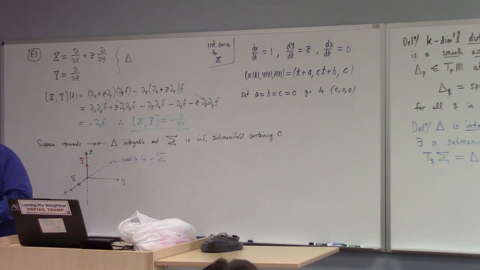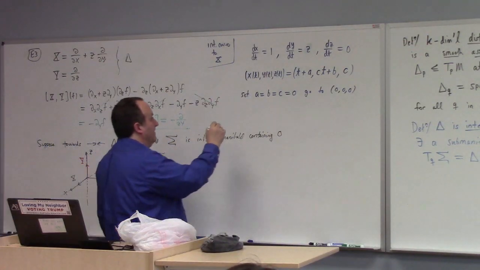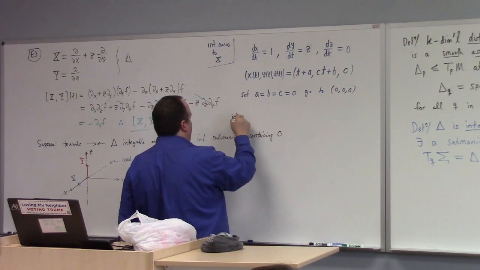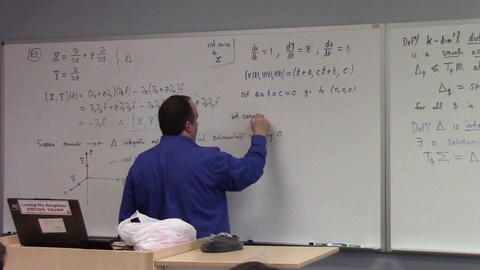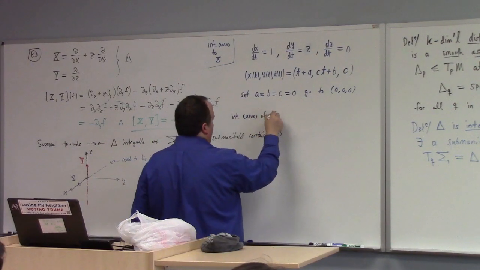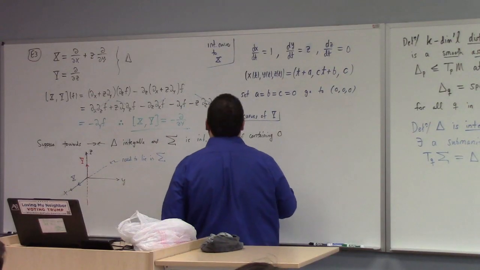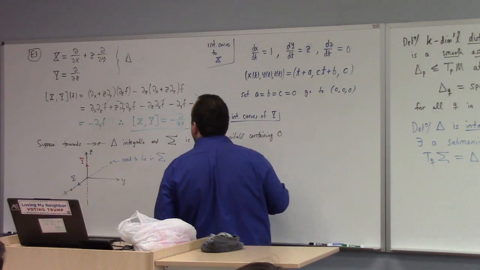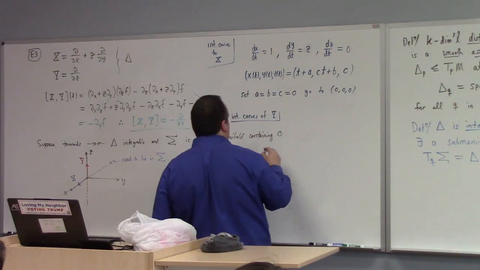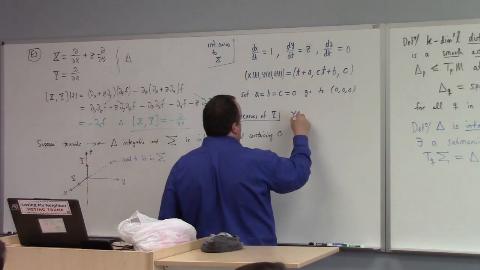But then he says the integral curves of y all contain what? Something like gamma of t is what?